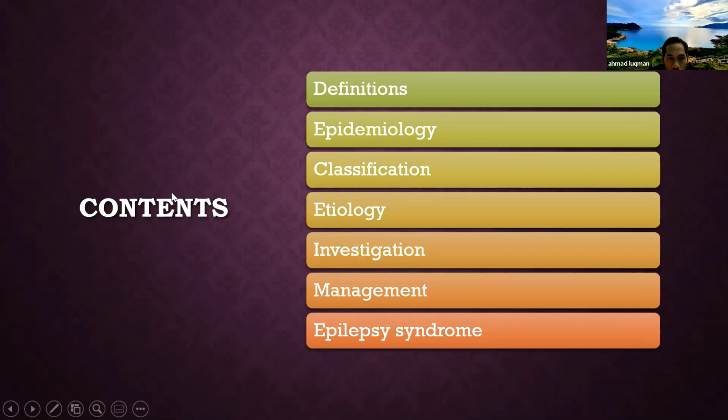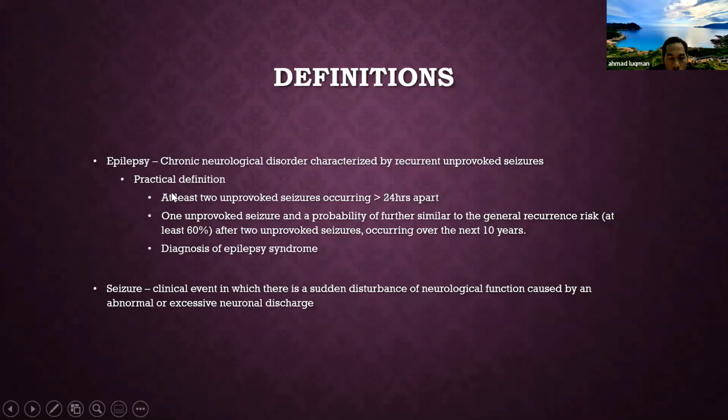To start off, according to the pediatric protocol, epilepsy is defined as a chronic neurological disorder characterized by recurrent unprovoked seizures. As you have here before, epilepsy is recurrent unprovoked seizures. Practically, it is defined as at least two unprovoked seizures occurring more than 24 hours apart, or one unprovoked seizure and a probability of further similar seizures.